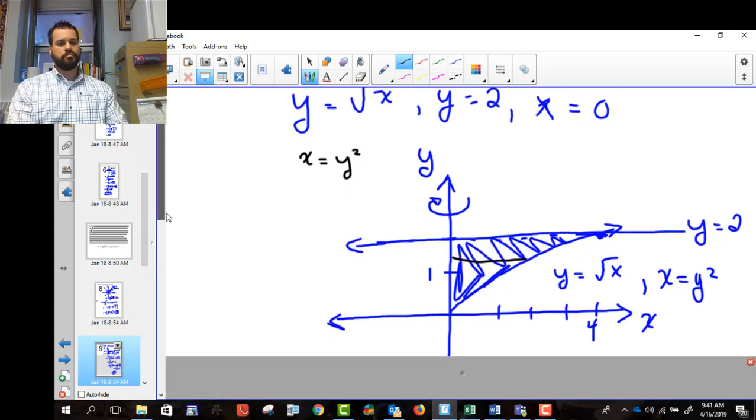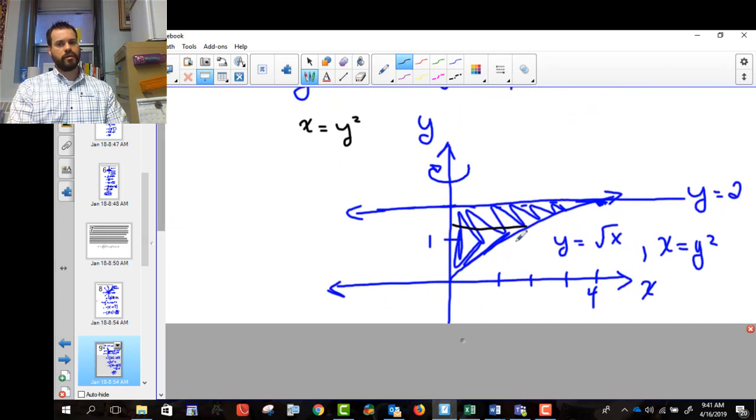So our volume formula is going to be the front function is y equals root x. So when we write it as we have in terms of x equals, we have y squared, that's the front, and then minus the back function is x equals 0. So in a sense, we don't really have a back function because it's the y-axis.